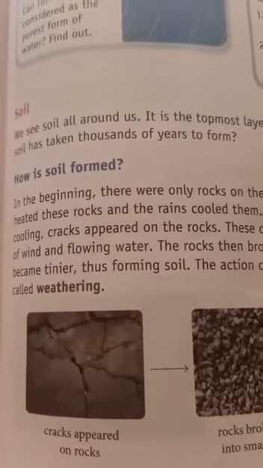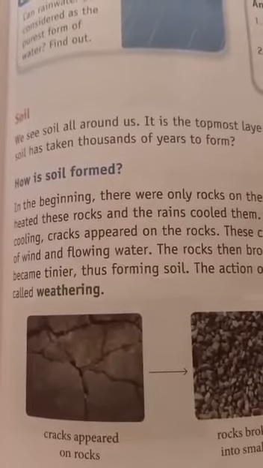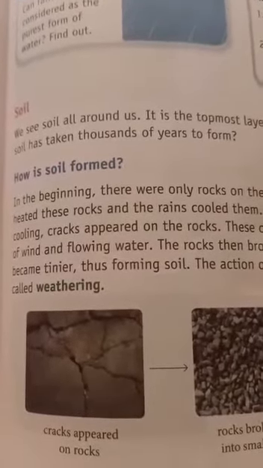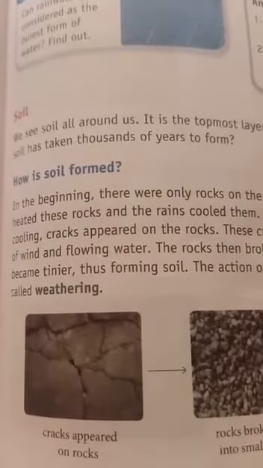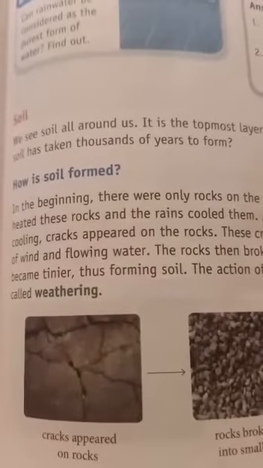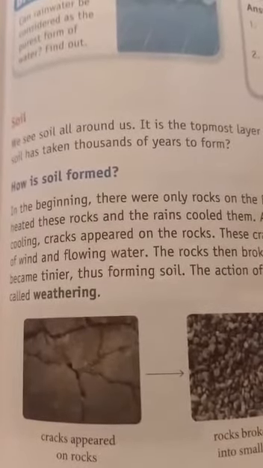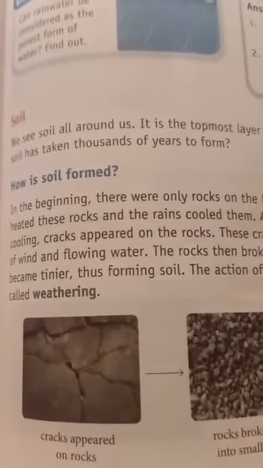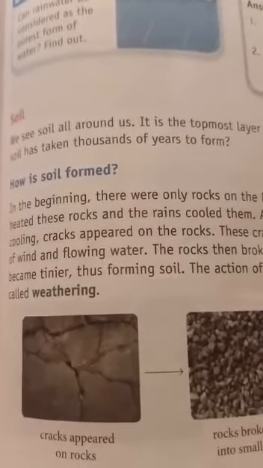The rocks break down into small pieces due to the action of sun's heat, rain and wind, and those small pieces turned into tiny particles. Thus these tiny rock particles form soil, and that is how the soil is formed.